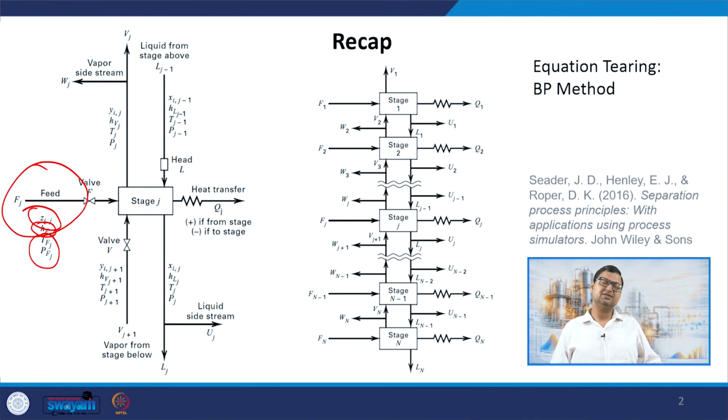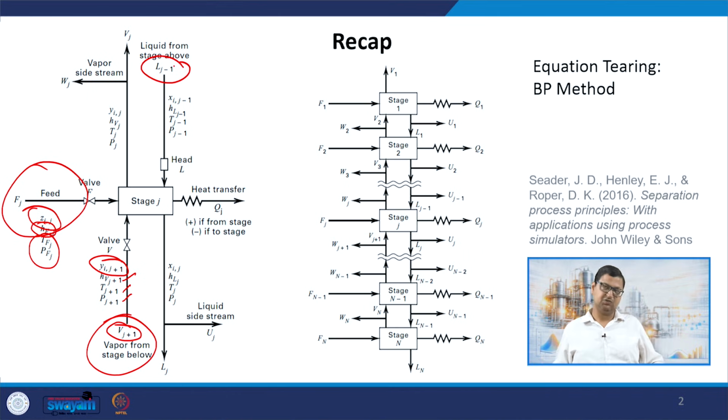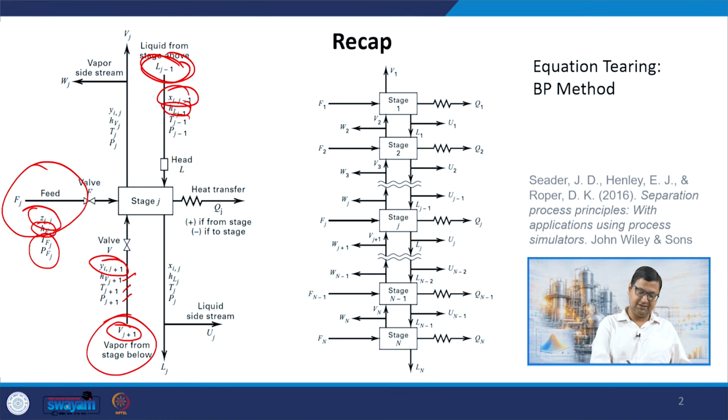What enters stage J is the vapor from the stage below, the J plus 1th stage, which has some molar flow rate Vj plus 1, some mole fraction yi,j plus 1, some enthalpy and some temperature and pressure. What also enters is liquid from the stage above it, the J minus 1th stage, with a molar flow rate of Lj minus 1, and again some mole fractions of different components, the enthalpy, the temperature and pressure.